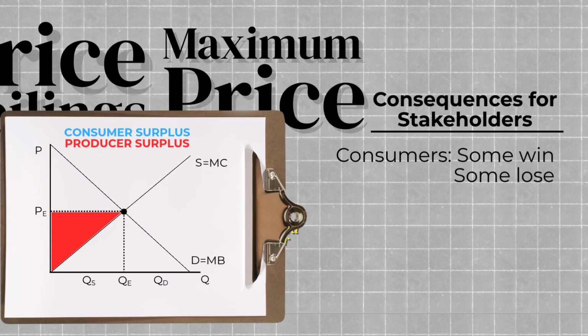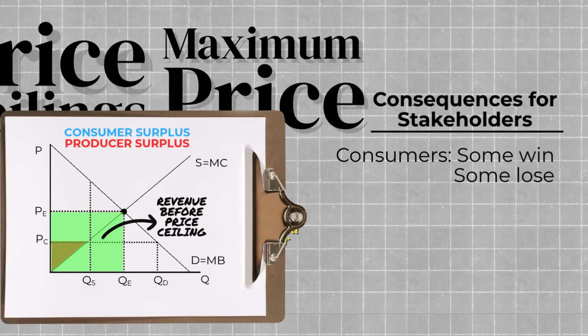The producers, on the other hand, are clearly worse off. They sell a small quantity at a lower price. You can see what that would do to their revenues by calculating the area of PE times QE, which would be the firm's revenue before the price ceiling, and then comparing that to the area of PC times QS, which is the total revenue after the price ceiling.